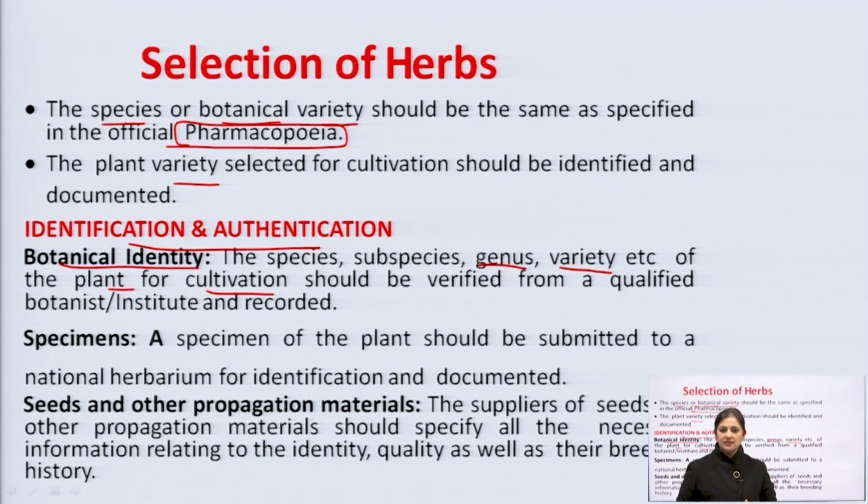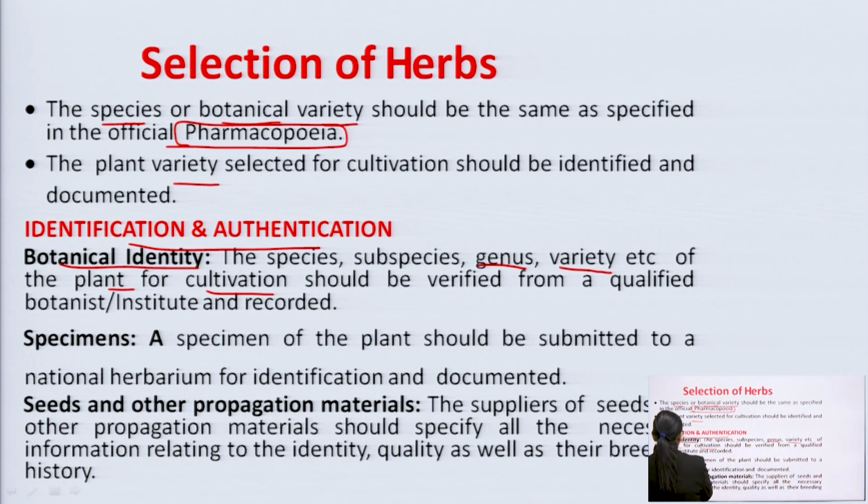Whenever you collect a plant, you get it authenticated from a botanist. Normally, universities में botany department में जो भी डील करते हैं इससे, you have to show them the plant part or the plant and they will then authenticate. वो आपको श्योर करेंगे कि ये वही जीनस है, वही species है, because they have the herbarium maintained with them from where they generally identify.